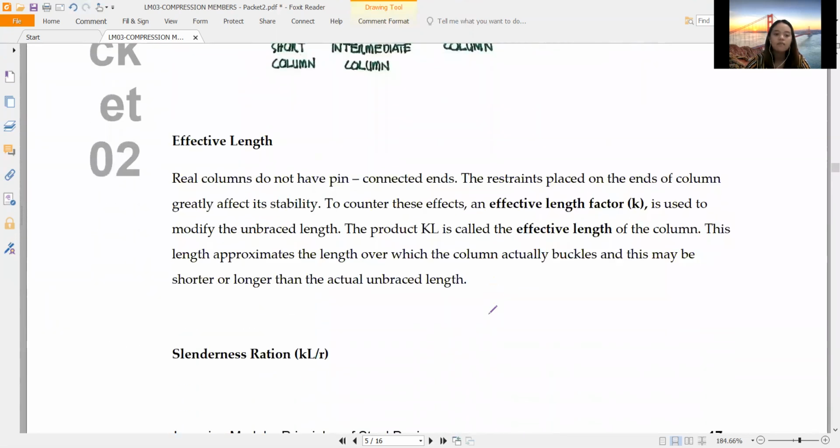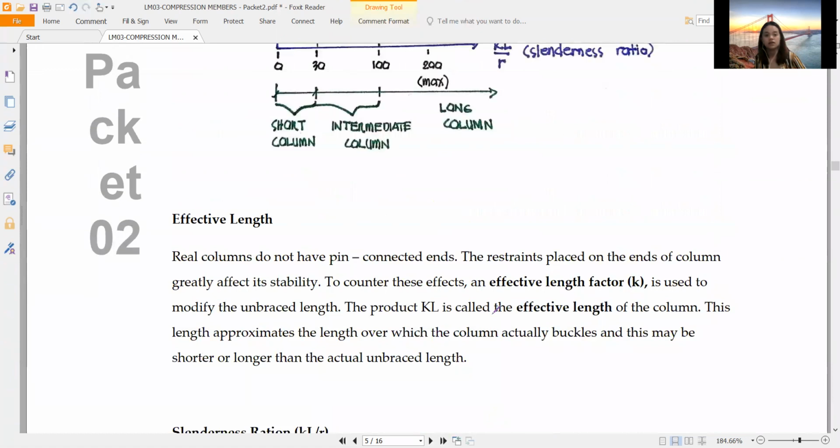Okay. How about this column theory? We also have another theory for columns. First, let us understand your effective length. Yung columns natin, we don't really have pin-connected columns because as we all know, pag pin yan, yung movement niyan could move like this, diba? Ang gusto natin, stable yung ating column.